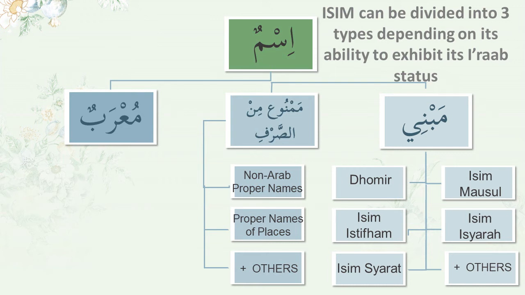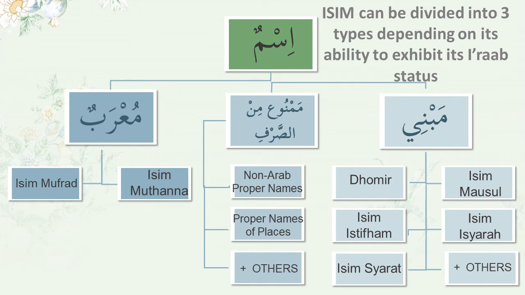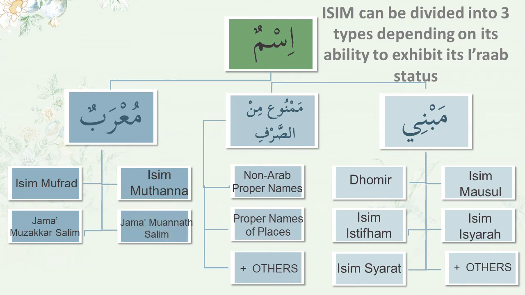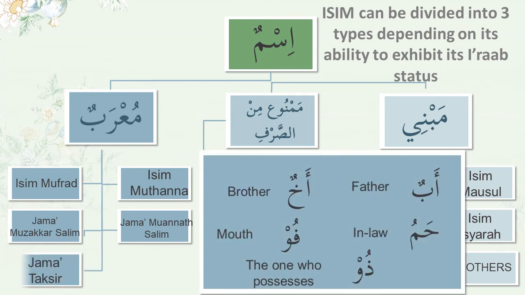We can break down these isim into groups we should already be familiar with, namely isim mufrad or singular nouns, isim muthanna or dual nouns, isim jam' mudhakkar salim or sound masculine plural nouns, isim jam' mu'annath salim or sound feminine plural, jam' taksir or broken plurals, and a special group of 5 isim or asma'ul khamsa, which I like to call the famous 5.